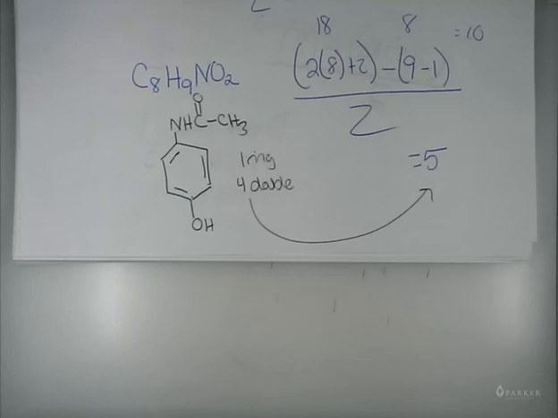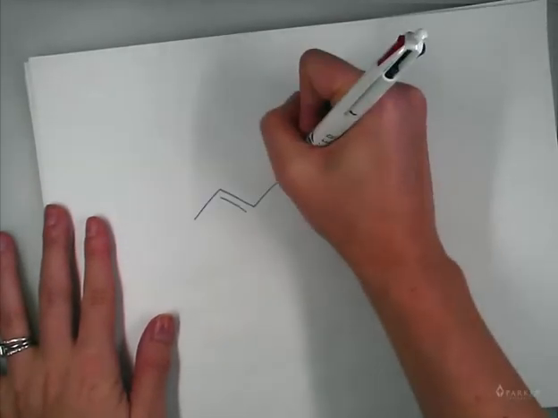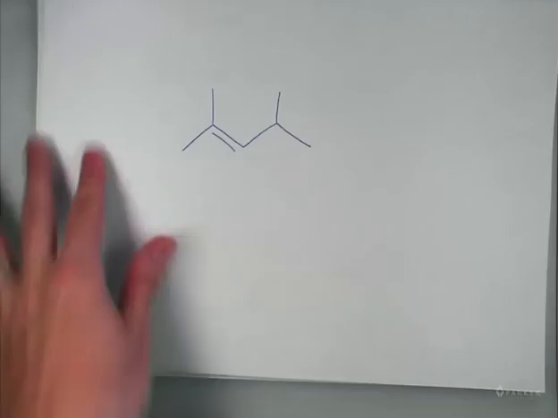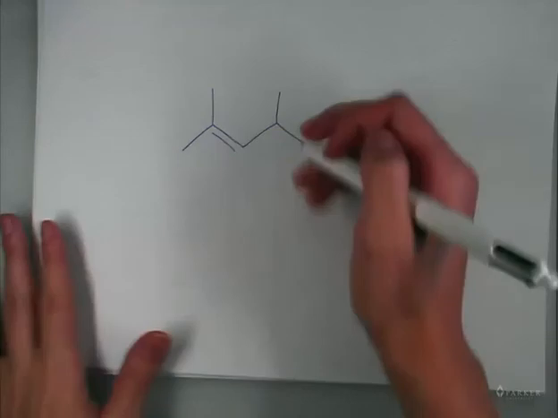Now you can have branches, so let's say something like this. How many carbons in the longest chain? 5.